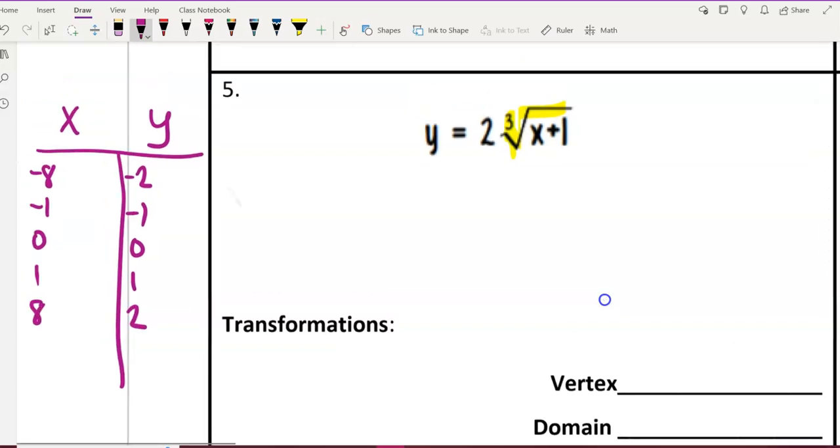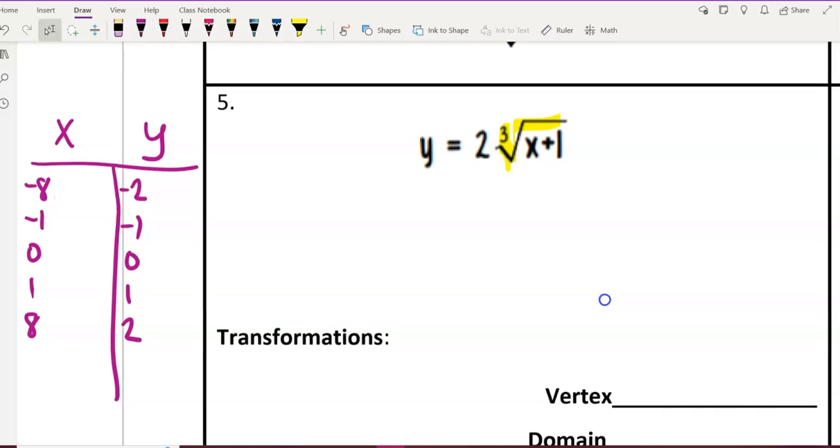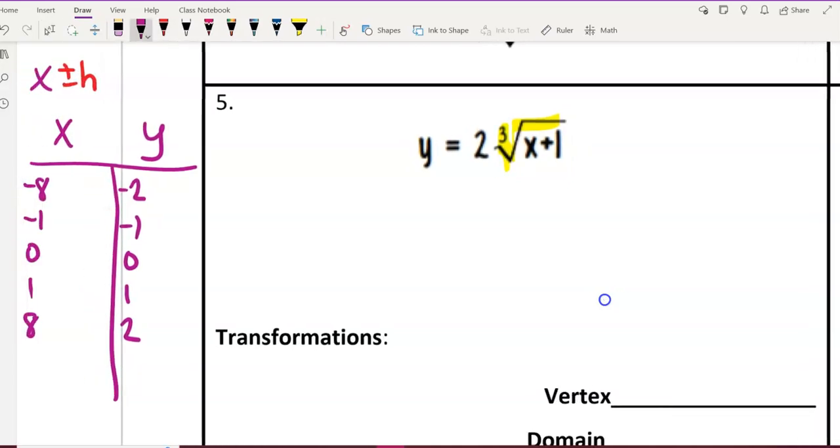When we make the t-chart, we need to identify the transformations, and whatever transformations happen, this is how you find your new points. You take x and add or subtract the real value of h. Then for the y, you take y, multiply it by any a value and any negative if it's there, and then add or subtract k.